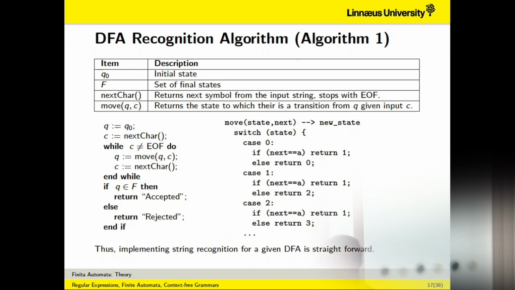Okay, and we do it by taking one symbol from the word and then moving to the next transition. And then you also need some function or method that takes two input parameters, a state and a symbol, and then it should return the valid state where it should go.